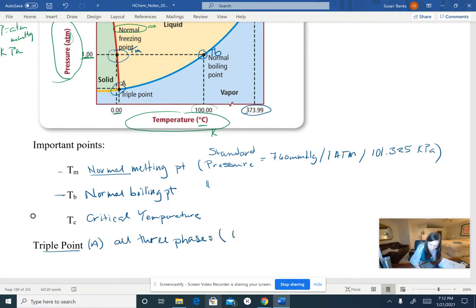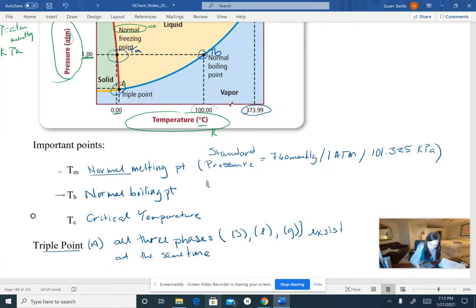So we have solid, liquid, and gas existing at the same time.